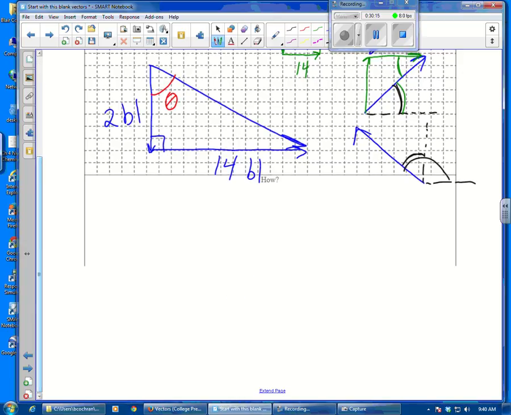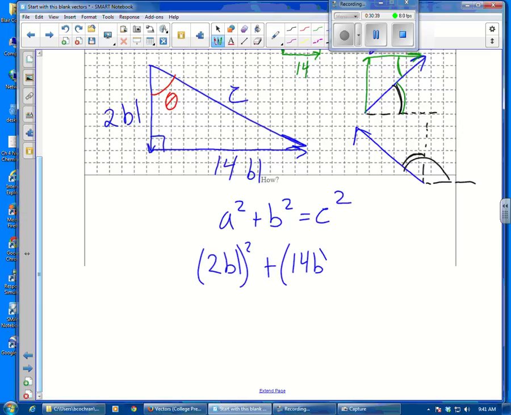So now that I have my triangle and I have my legs, I can find my length. Let's call this length C. And so I can use Pythagoras to do a squared plus b squared equals c squared. 2 blocks squared plus 14 blocks squared equals c squared.